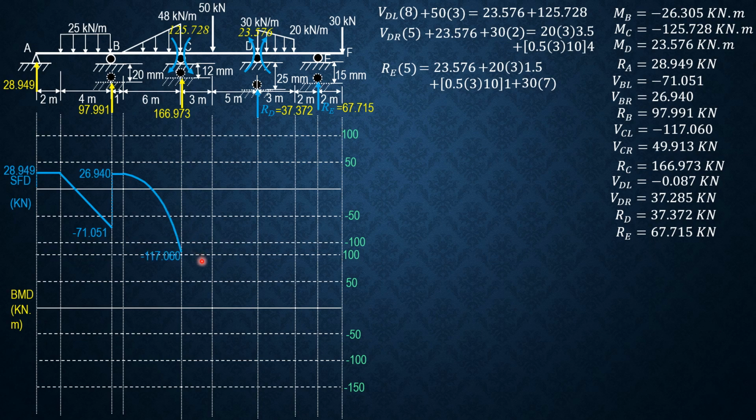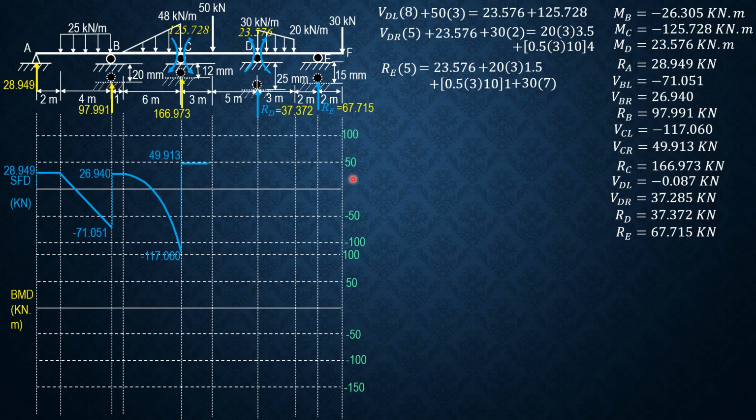So second degree, this is negative 117.06. We check shear at C just to the left, and negative 117.06. Then plus 166.973 is 49.913. This is the shear just to the right of C.